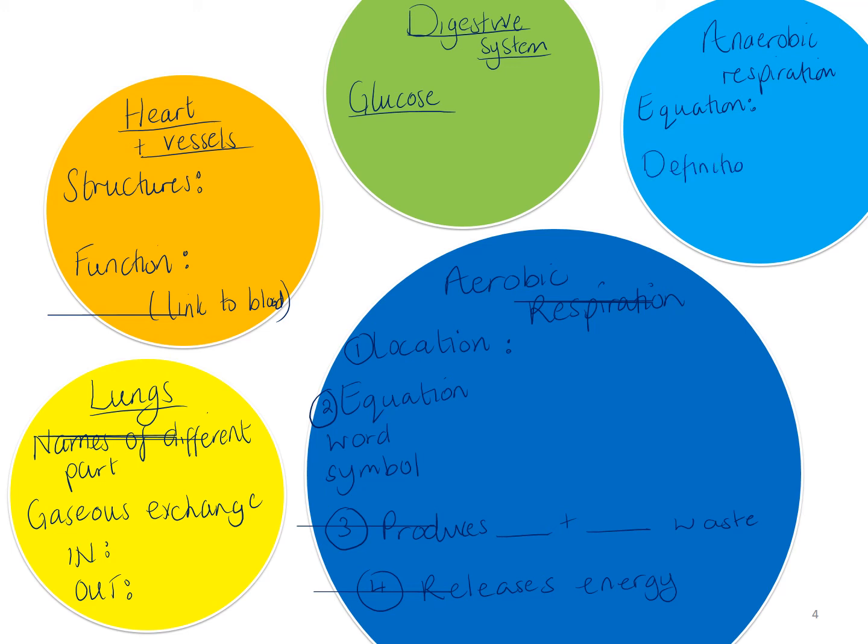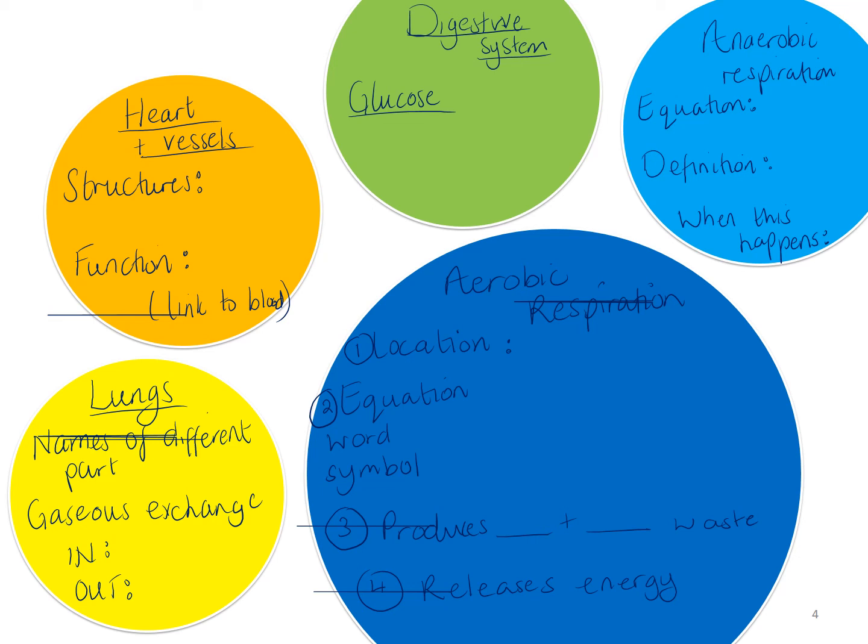So we did this in the starter activity, didn't we? Definition of anaerobic respiration is respiration without oxygen. And then finally, I want you to write down when this happens. Why might we have anaerobic respiration? Where might there be a time where we don't have enough oxygen?